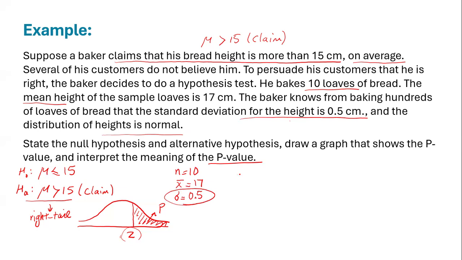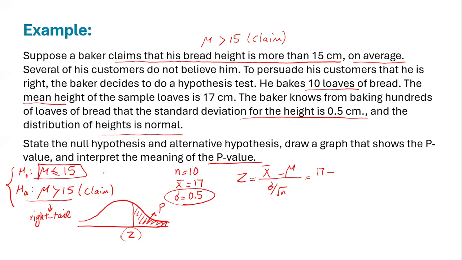The formula for Z is x bar minus mu over sigma over the square root of n. The x bar is 17. What is mu? What's the mean? Look at the hypothesis. The mu is equal to 15.